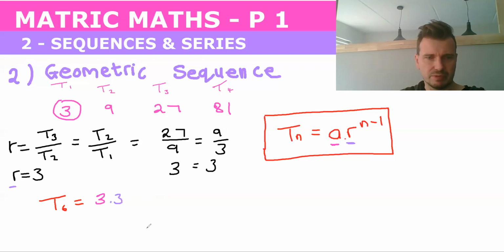And then n minus 1, so n in this case was 6. Three to the 5.